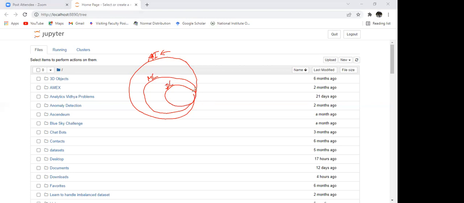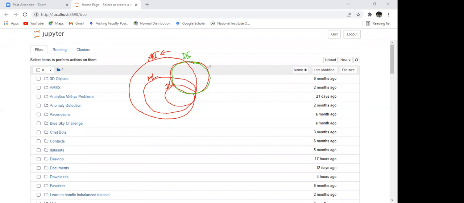Now where data science appears. Data science is here. Maybe you can draw data science here. So data science is that field that gets overlapped with all these AI, ML, DL.